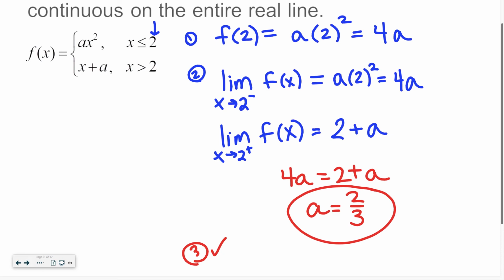So we know that a hole is going to create discontinuity. We know an asymptote is going to create discontinuity. And we know some sort of break in our graph is going to create discontinuity. Okay? Well, there's some types of discontinuity that we could fix and some that we could not. So we have what's called removable and non-removable discontinuity.